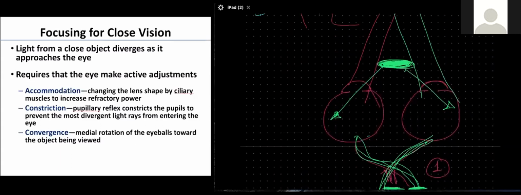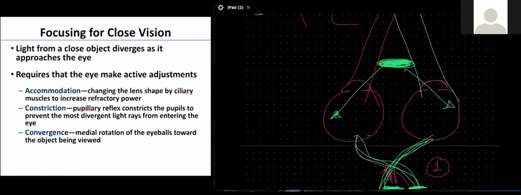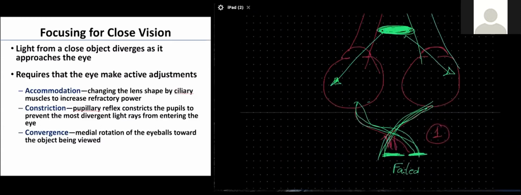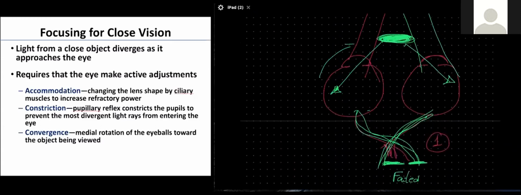So in order to prevent this, when you are looking at a close object, you're going to be rotating your eyes medially. We call this medial rotation of the eye convergence.